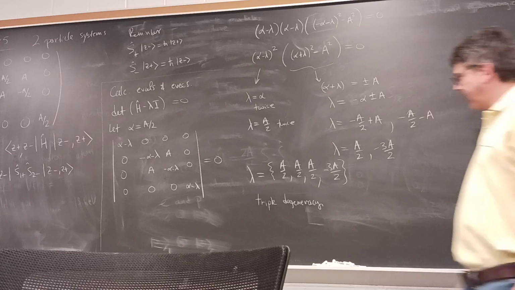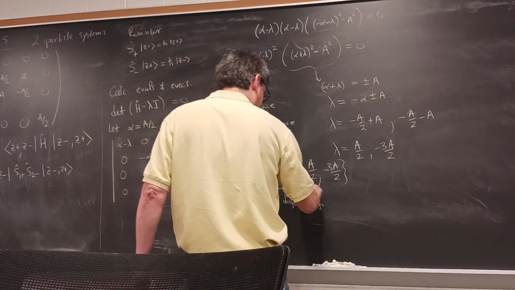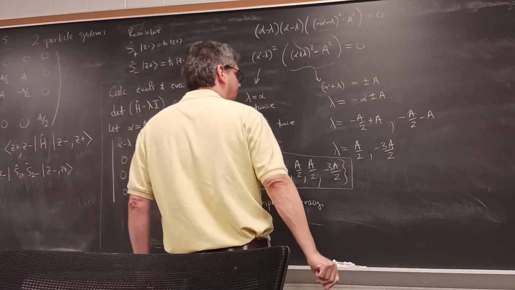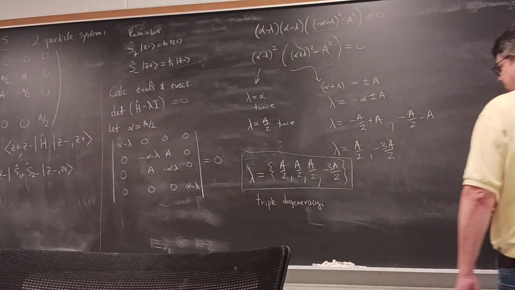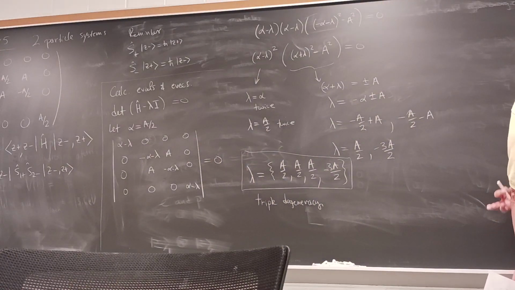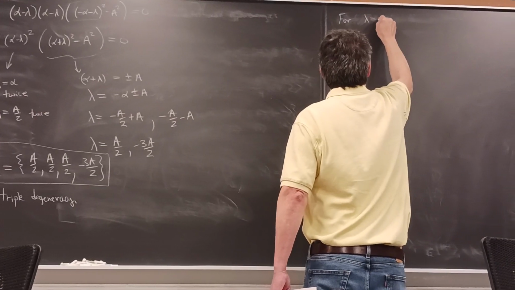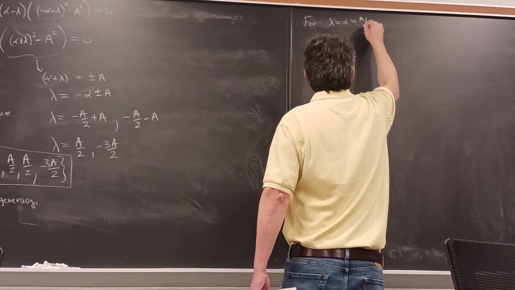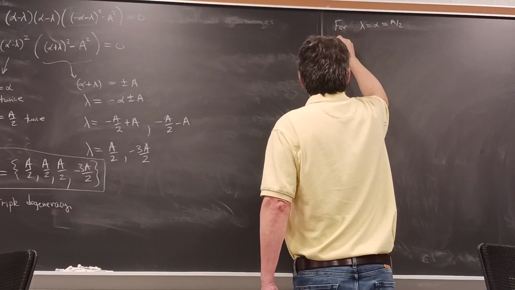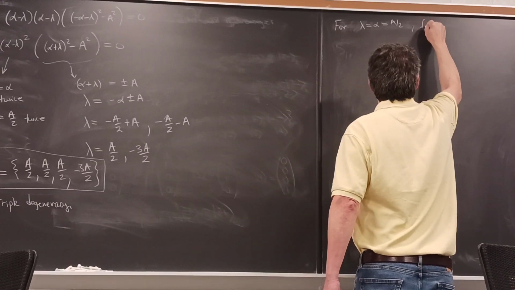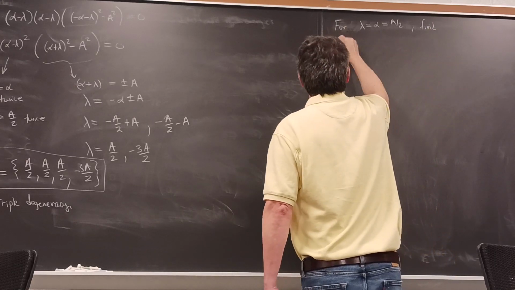Okay, so we have to construct the eigenvectors now. So let's focus first on this triply degenerate eigenvalue, lambda equals alpha. Let's find the eigenvectors.